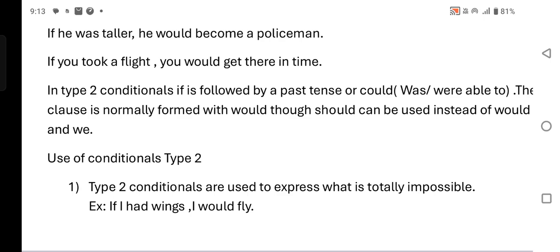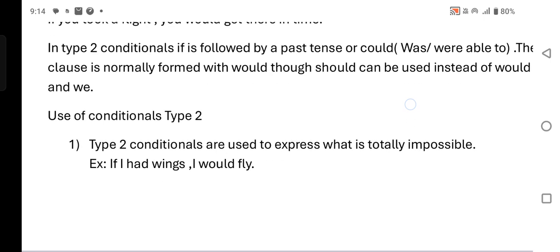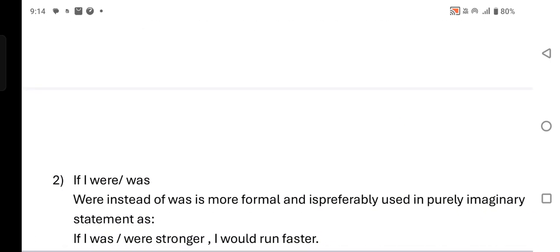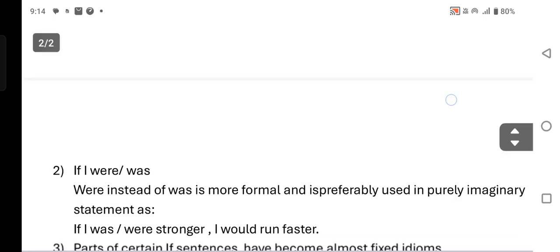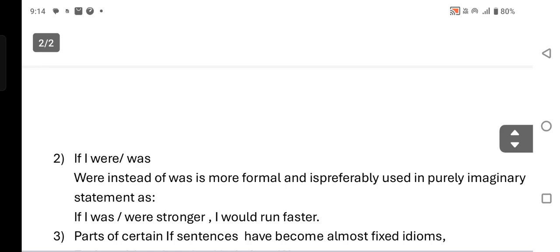Use of conditionals type 2. Type 2 conditionals are mostly used to express totally impossible things. For example, if I had wings, I would fly. One more rule: if I were is used instead of was.